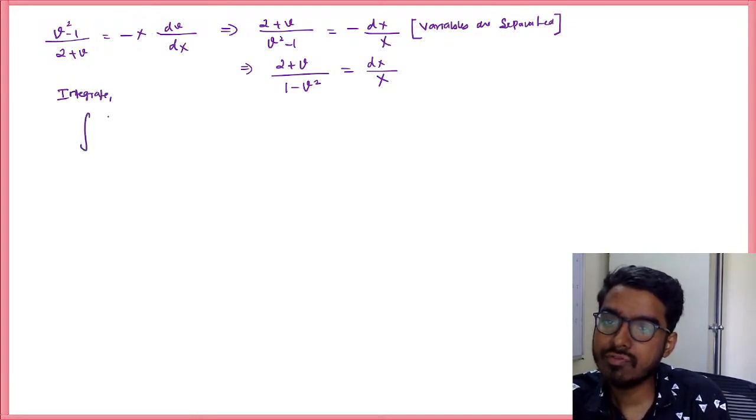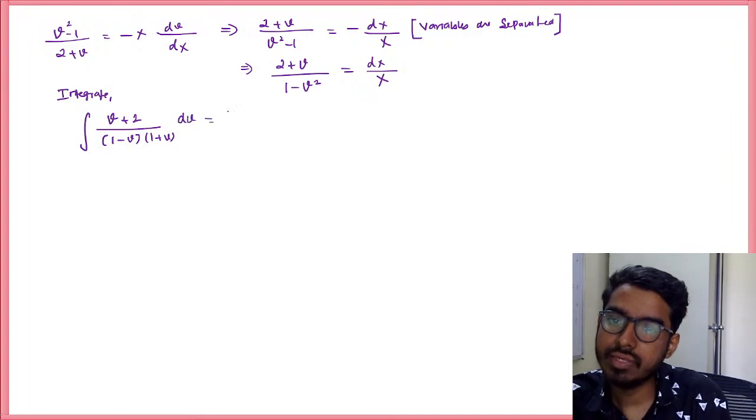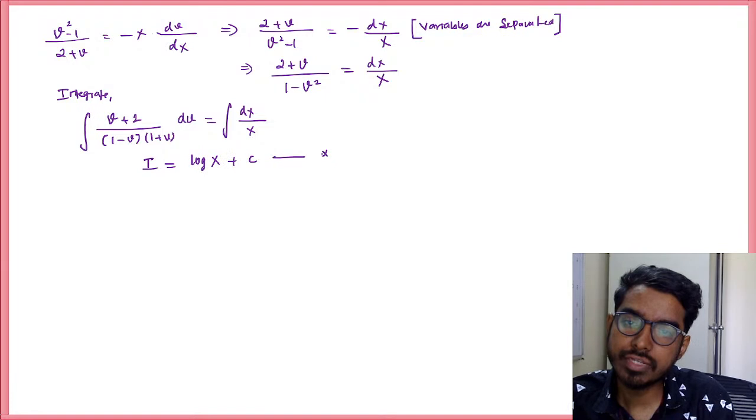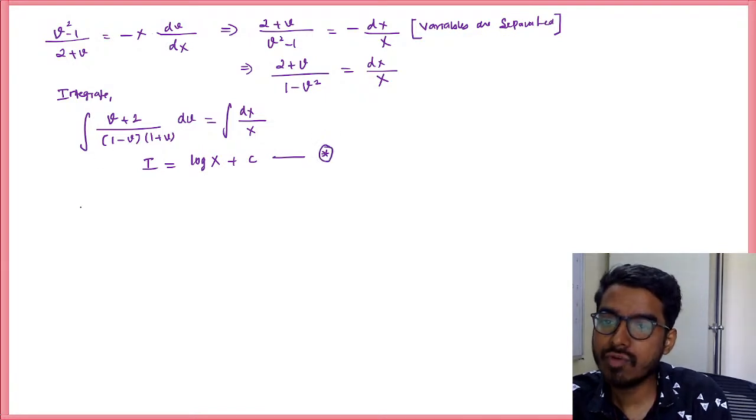Integration of V plus 2 divided by, we can write 1 minus V square as 1 plus V into 1 minus V, dV is equal to integration of dX by X. Let us call the left side I, and this is log x plus some constant c. This is the required solution, but we need to find the value of I.